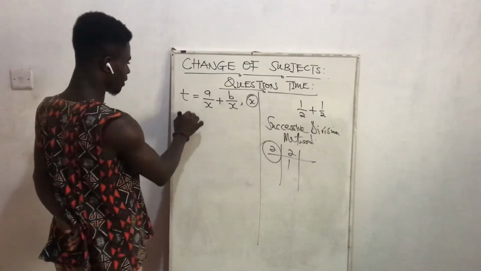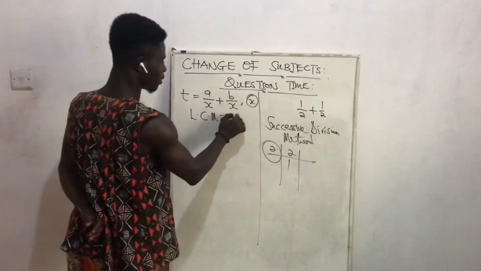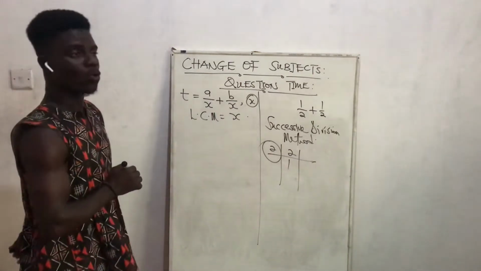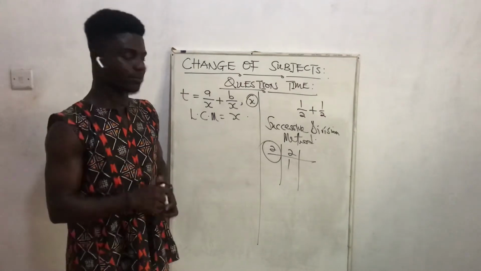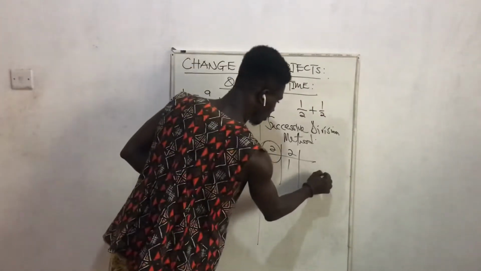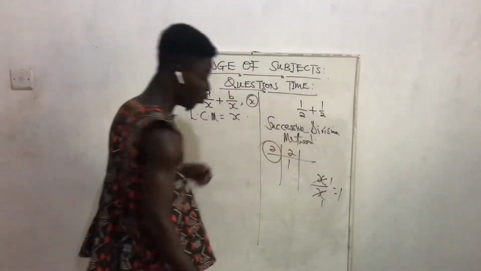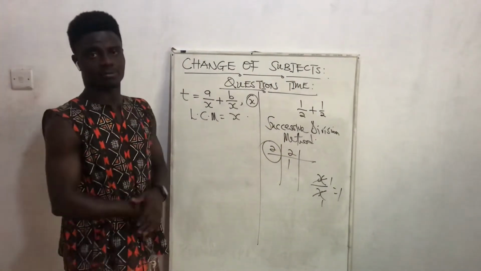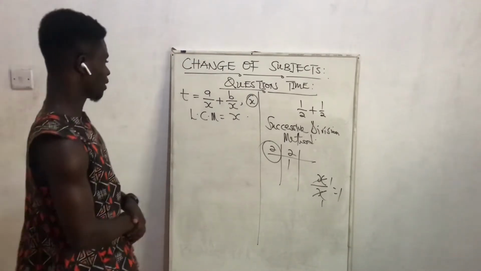Alright, so for the LCM, I take the best option, which is X, because X goes into X one time. X on X, X here 1. So X goes into itself 1. Do you understand that? Alright, so let's move on.